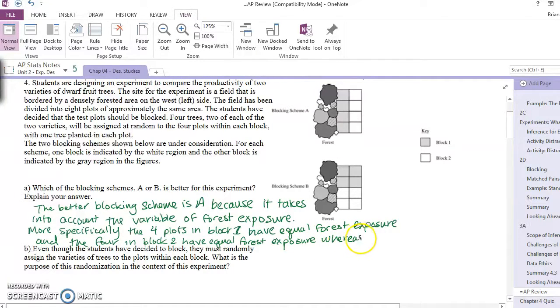Whereas in blocking scheme B, that is not the case.